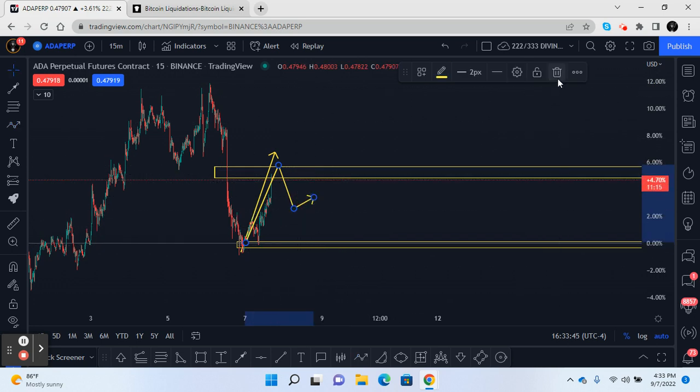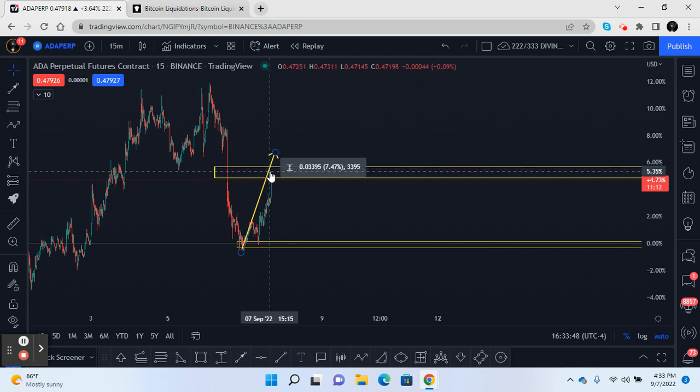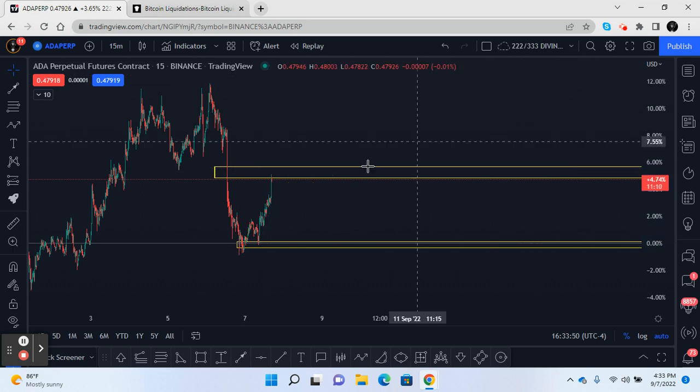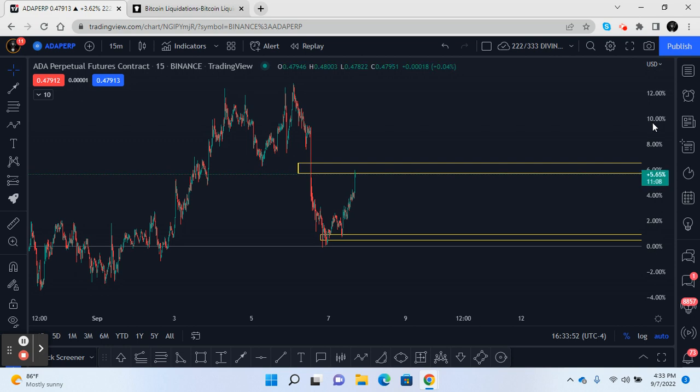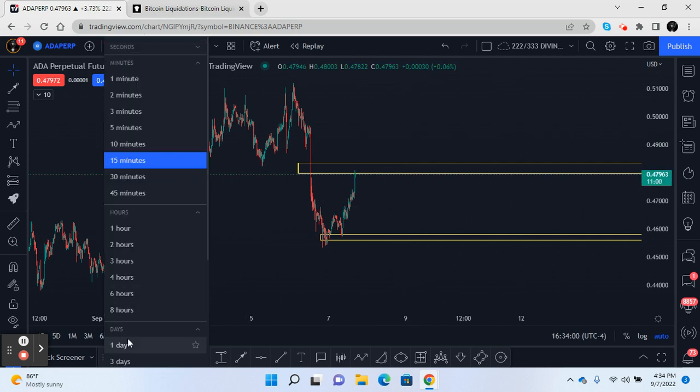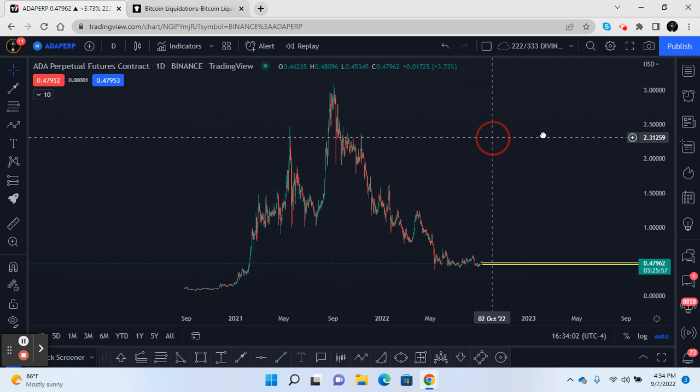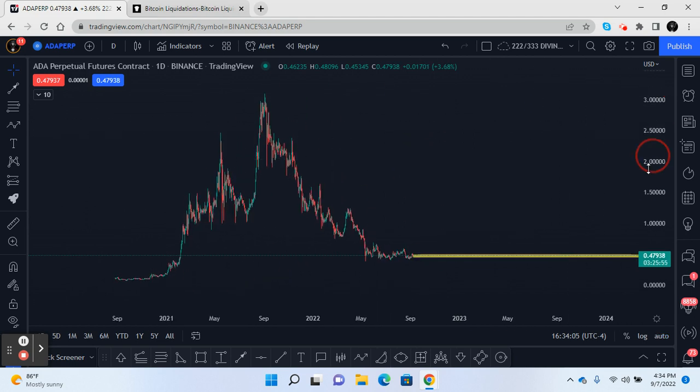This market is still bearish overall. This is the 15-minute chart. So that's that, but we're not out the blue for the most part. Not percentage wise. All right, so let's go on a higher time analysis and let's see what's going on up there. Yeah, so it's the daily.